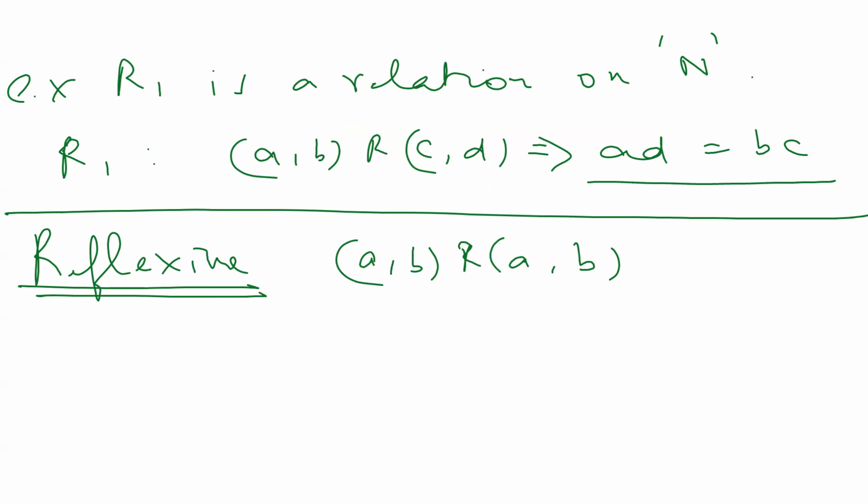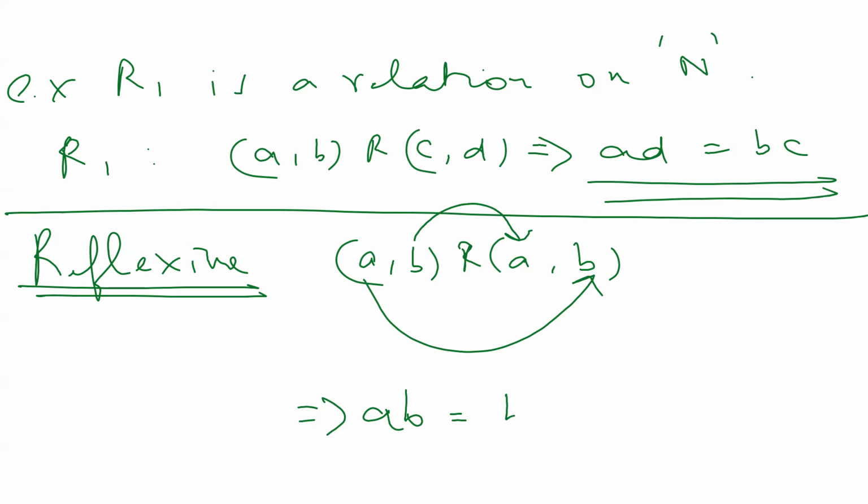As per this logic, product of the extremes is equal to product of the means. Is this mathematically true? Because A and B are natural numbers. 3 into 8 is equal to 8 into 3. Is this true? Yes. Therefore, it is reflexive.